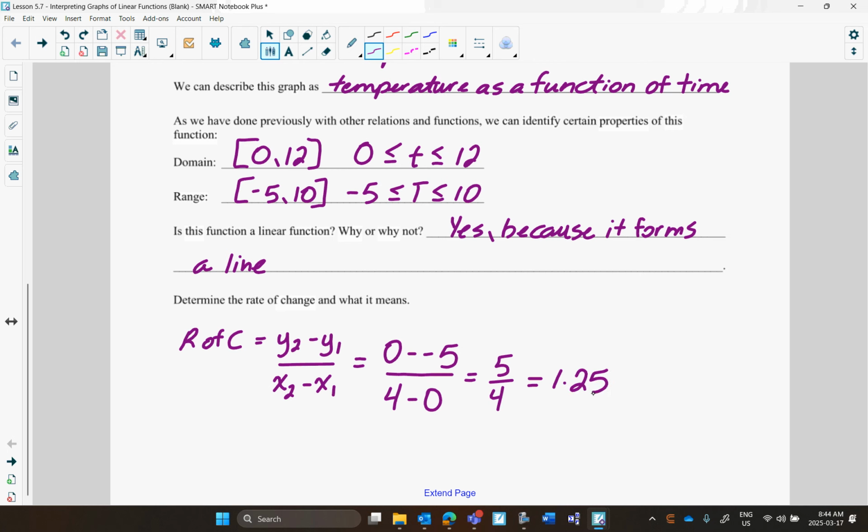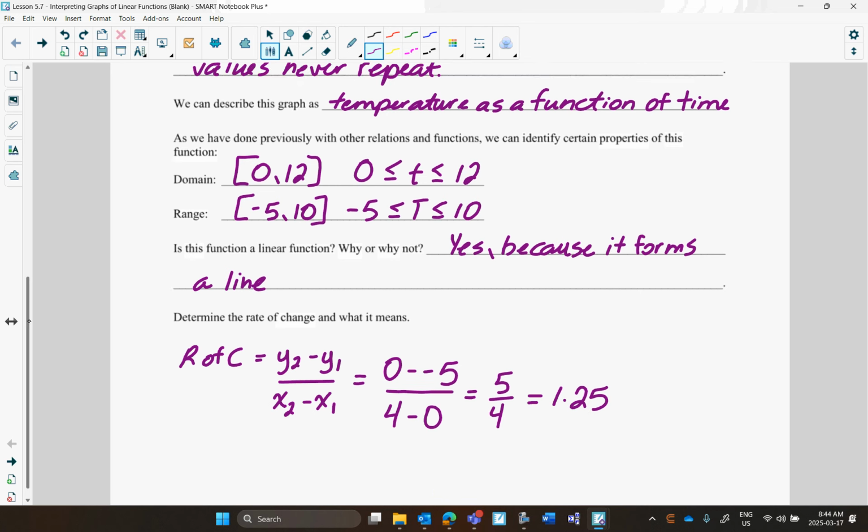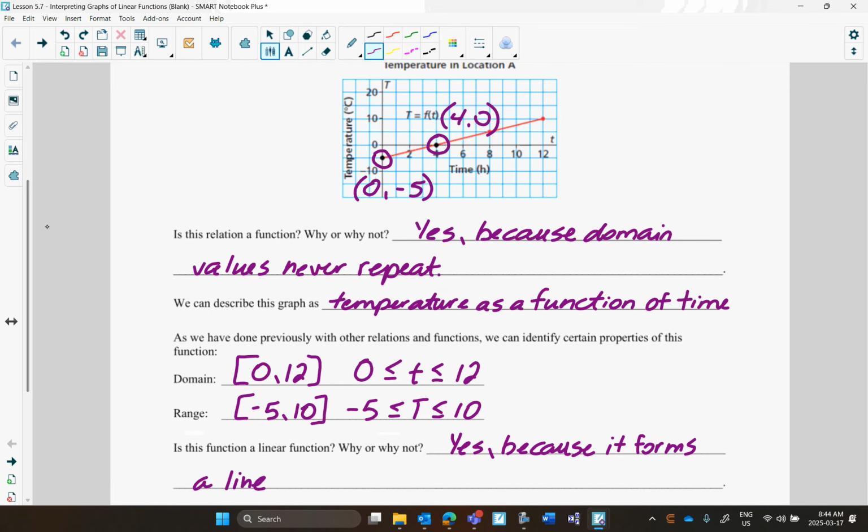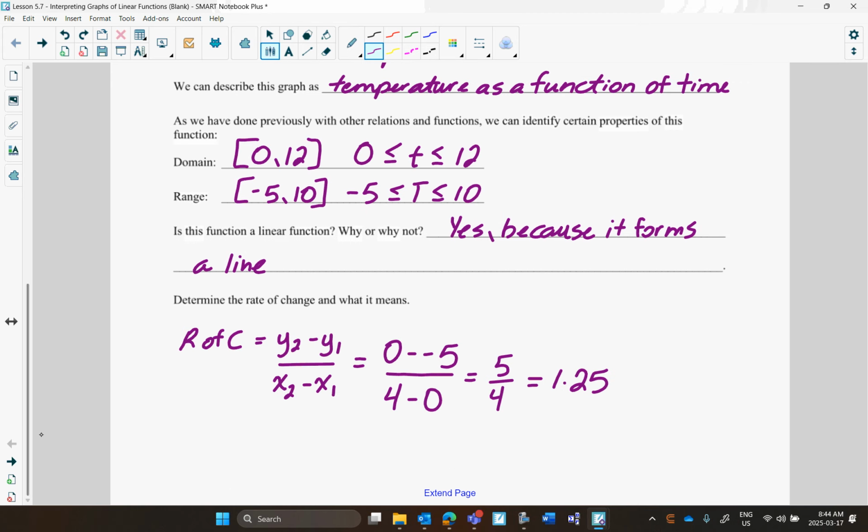And what are the units? Remember how you express units as a rate? It's always dependent variable per one independent variable. So the dependent variable is temperature, degrees Celsius, per 1 hour. So it would be degrees Celsius per hour.